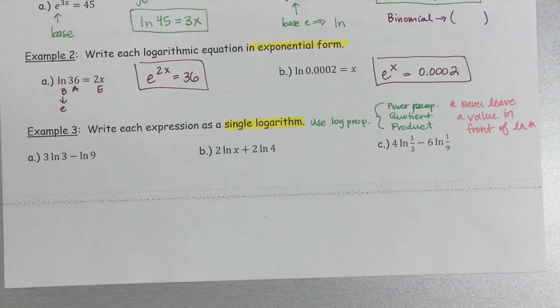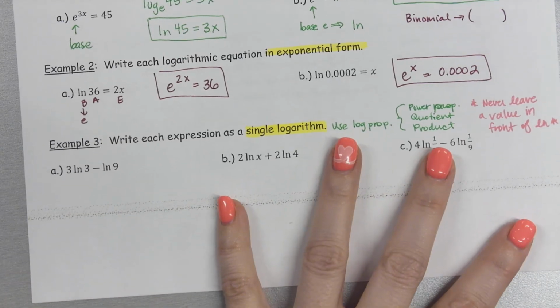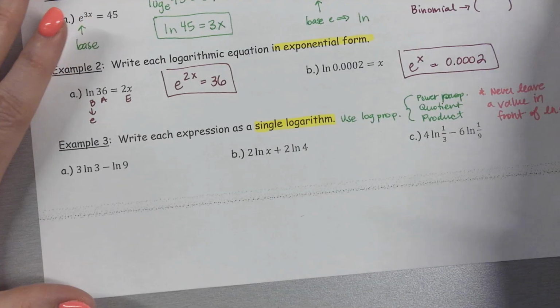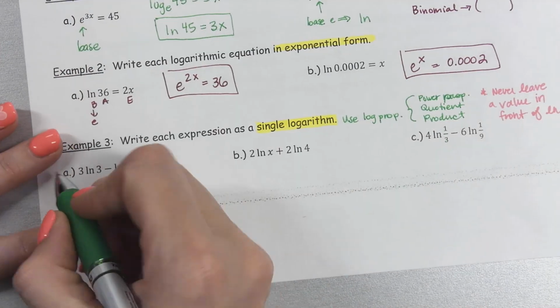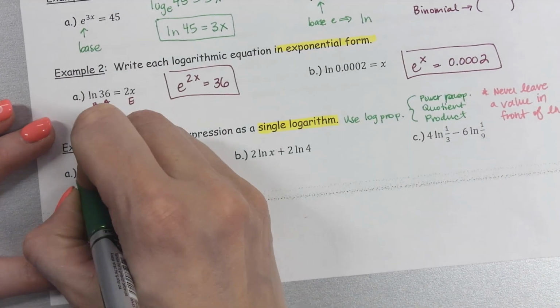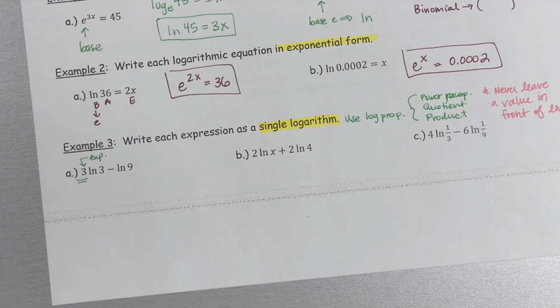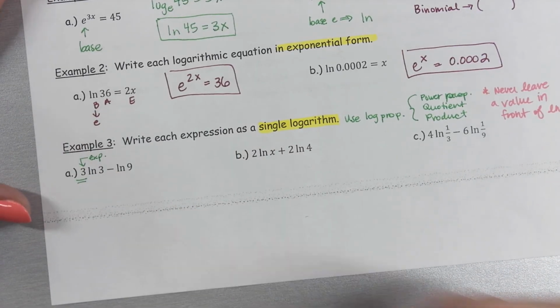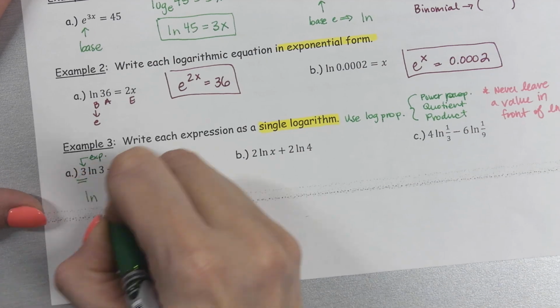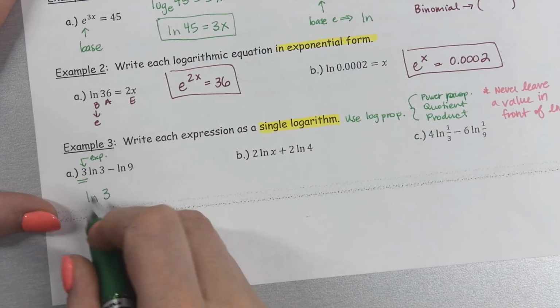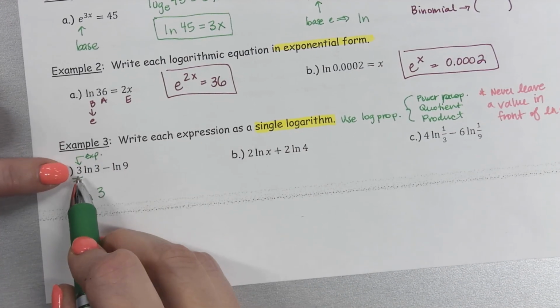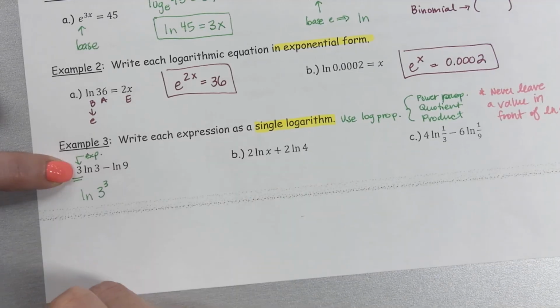All right, let's do part A together, and then I'm going to have you guys try part B. In part A, if you have anything in front, this is going to become an exponent. So our first step, we're going to use that power property. It'll be the natural log of 3, and then this is going to become the exponent.